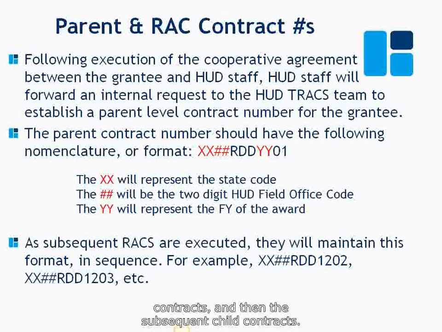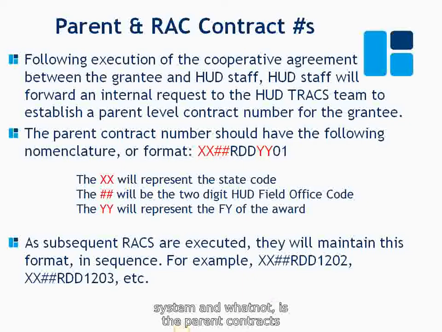So one of the ways to know whether you're seeing the right stuff in the systems, especially once we start getting into the TRACS system and whatnot, is the parent contracts are always going to have the same type of format.